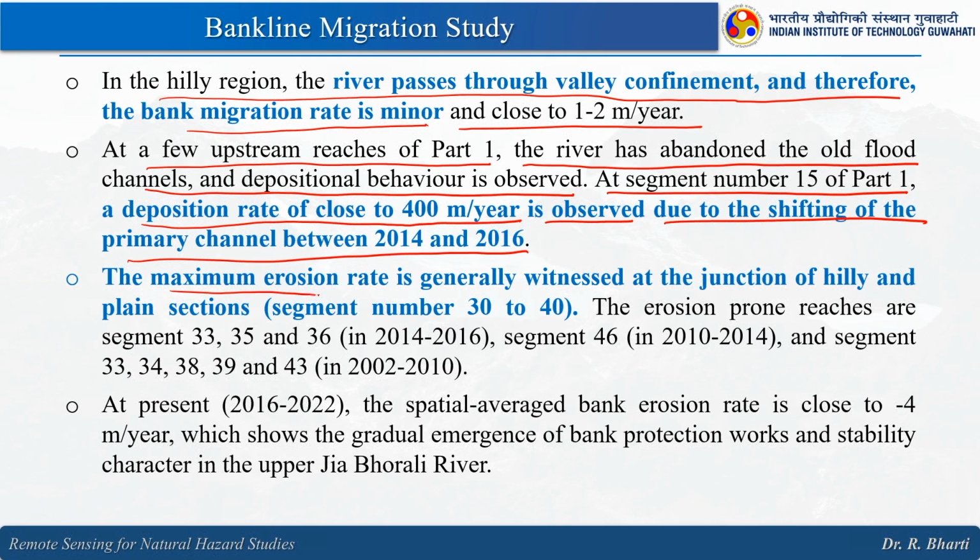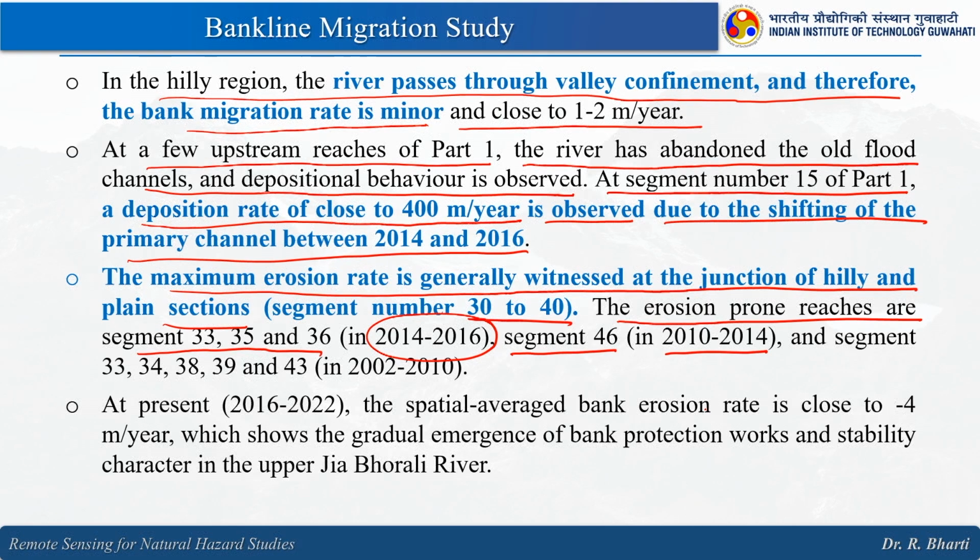The maximum erosion rate is generally witnessed at the junction of the hill and plain section, so this is reach numbers 30 to 40. The erosion prone reaches are segments 33, 35 and 36 between 2014 and 2016, segment 46 between 2010 and 2014, and segments 33, 34, 38, 39 and 43 between 2002 and 2010.